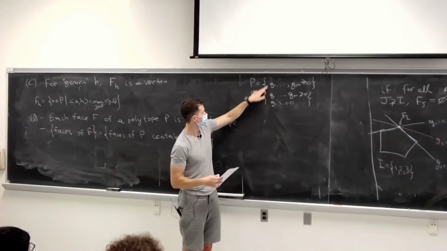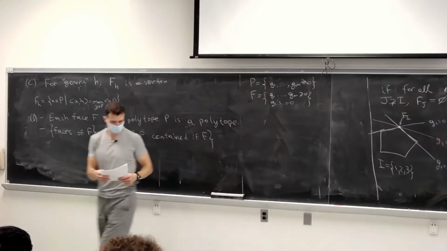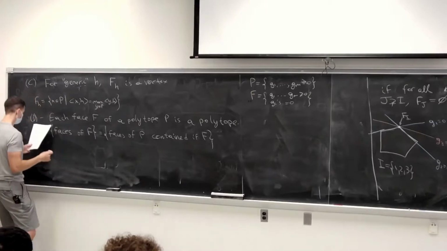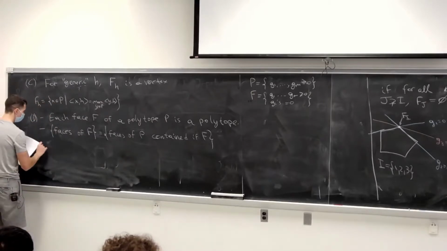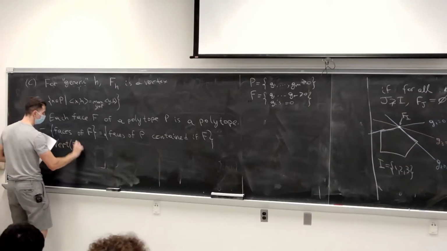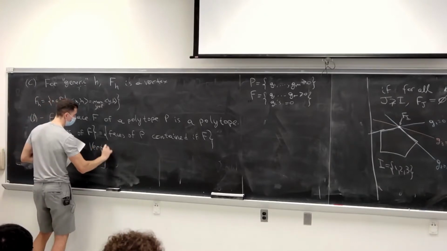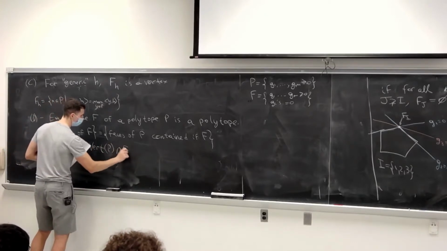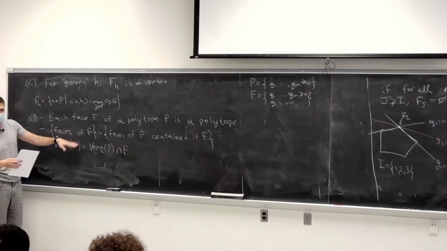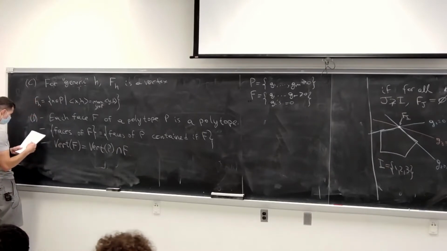And each of those is going to be a face of P, and vice versa. In particular, the vertices of F are going to be obtained from the vertices of P by intersecting with F. That's just a simple consequence of this. Zero-dimensional faces go to zero-dimensional faces.